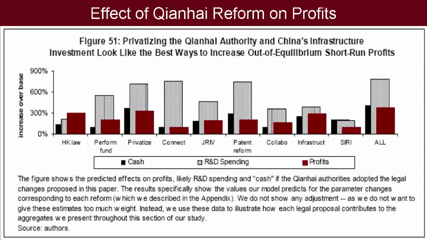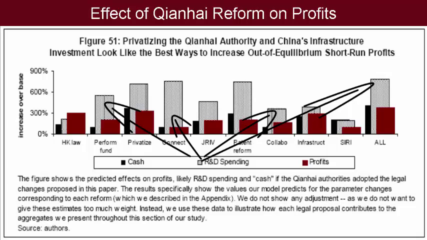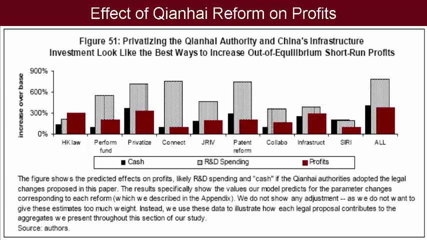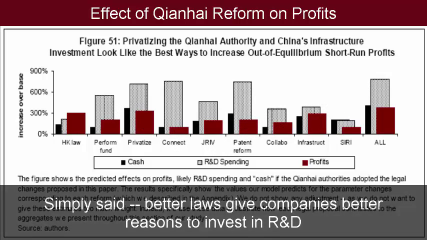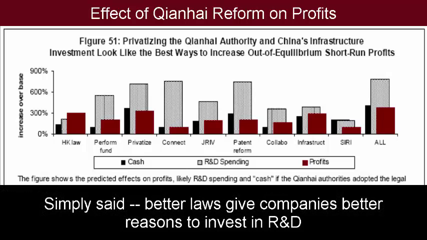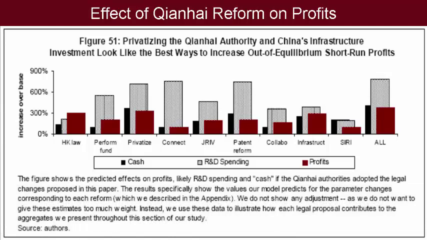Looking first at the short-term impact on profits, we see that our regulatory reforms would have the biggest effect on R&D spending. These reforms would thus clearly incentivize companies to engage in more R&D spending because they know that higher levels of R&D spending would translate into more investment and thus more profits.